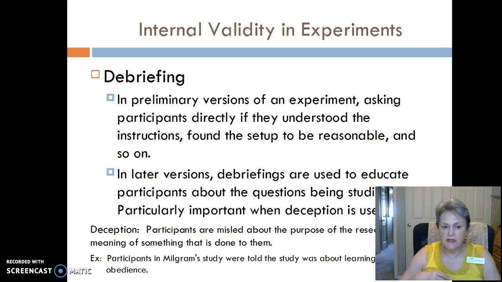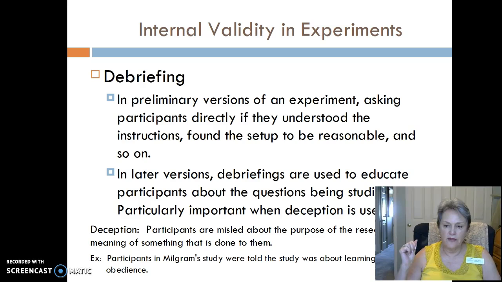A good example is Stanley Milgram's study, I call it the teacher-learner experiment, where they had the guy in the lab coat instructing the participant to give shocks to a confederate participant that was thought to be receiving the shocks.